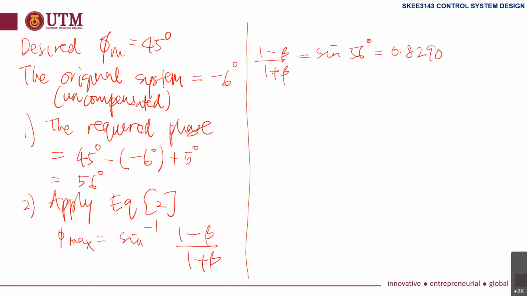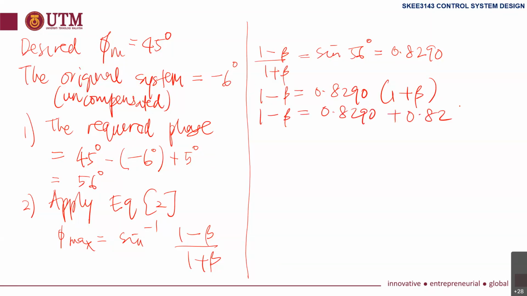Then we can calculate for beta. 1 minus beta equal to 0.8290 times (1 plus beta). One minus beta equal to 0.8290 plus 0.8290 beta. Then beta equal to (1 minus 0.8290) over 1.8290.